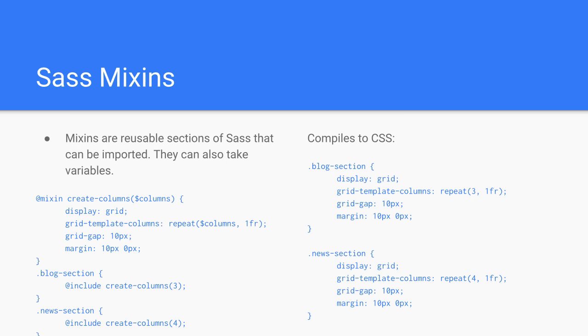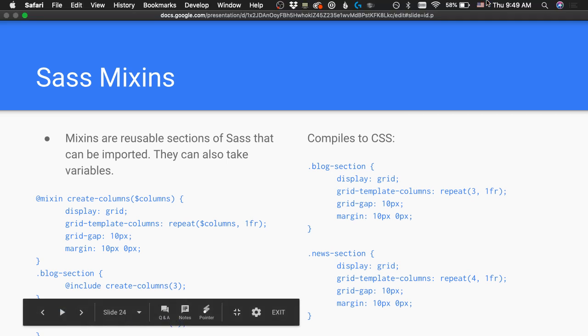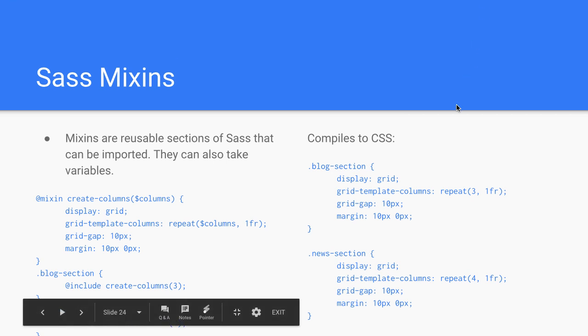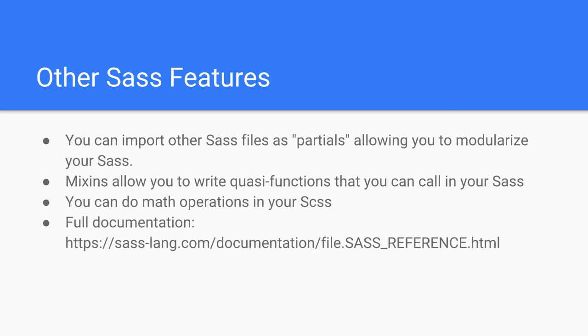So super, super useful. I really like using mix-ins. Again, it just compiles to regular CSS, right? Like your Sass compiler just says, okay, how do I turn this into regular CSS? So these are just tools that make your life easier as a developer. Other Sass files, we can import things like partials, which allows us to modularize our Sass.